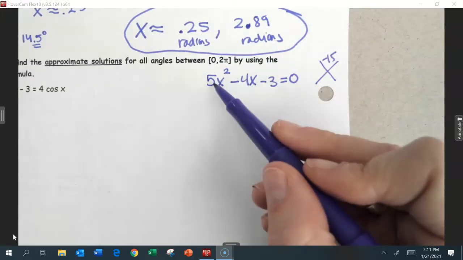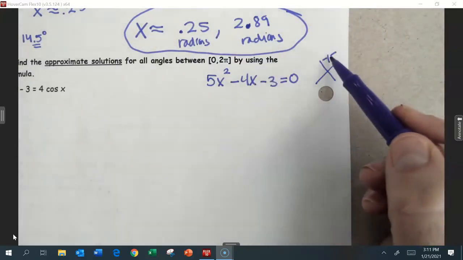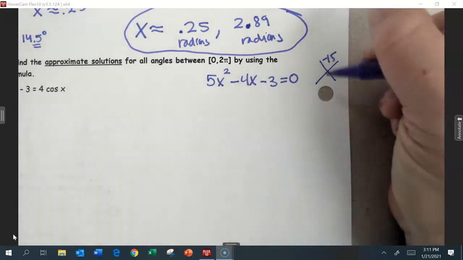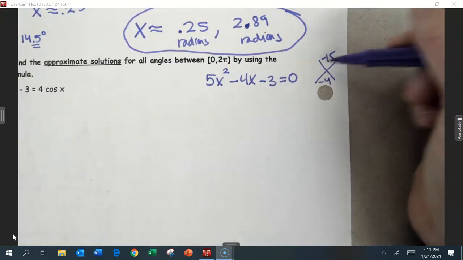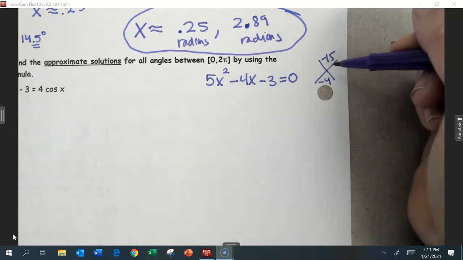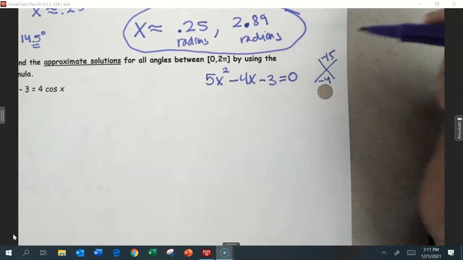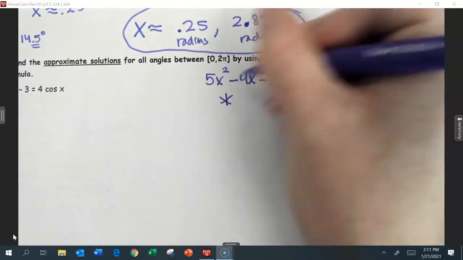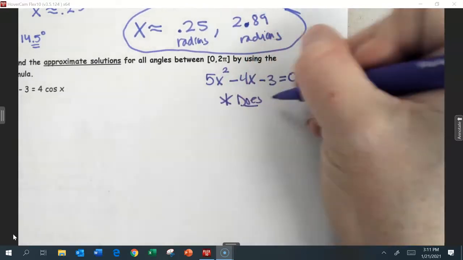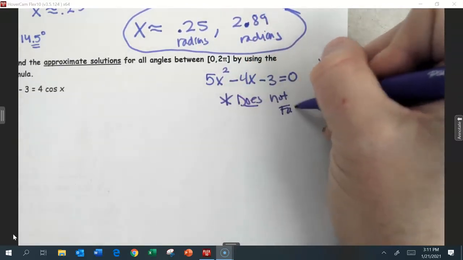And so we're looking for two numbers that give us a product of negative 15 and a sum of negative 4. Well, 3 and 5, any combination aren't going to work. 1 and 15. So the key thing here is that this quadratic polynomial does not factor.